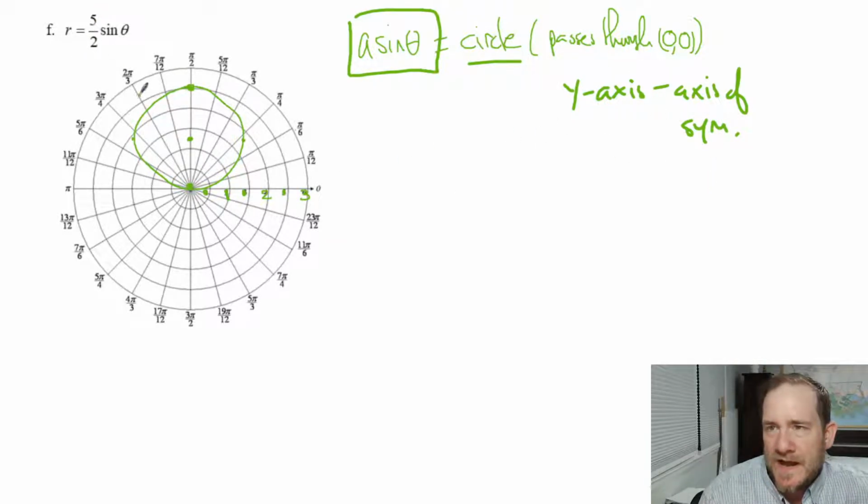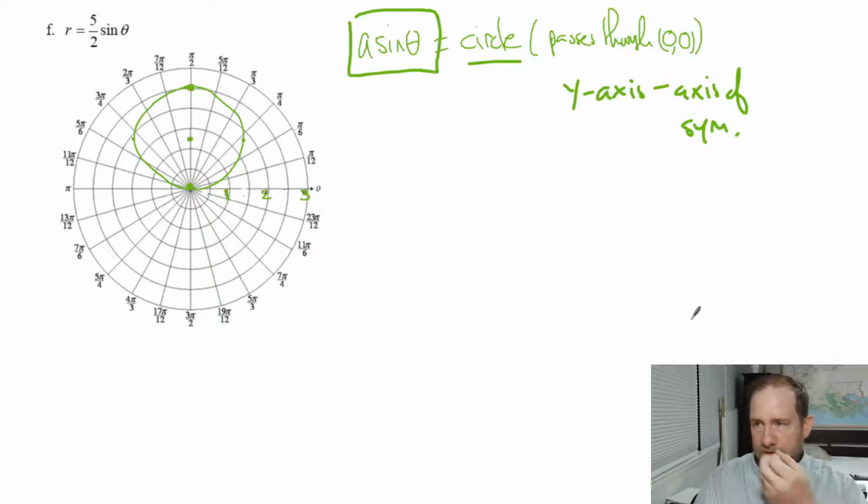So that 5 halves tells me my diameter is 5 halves. I just didn't feel like going to 2.5 because that's ugly. So I changed the scale. We said that's not 1 anymore, this is 1. That's not 3. This is 2 instead of 4.